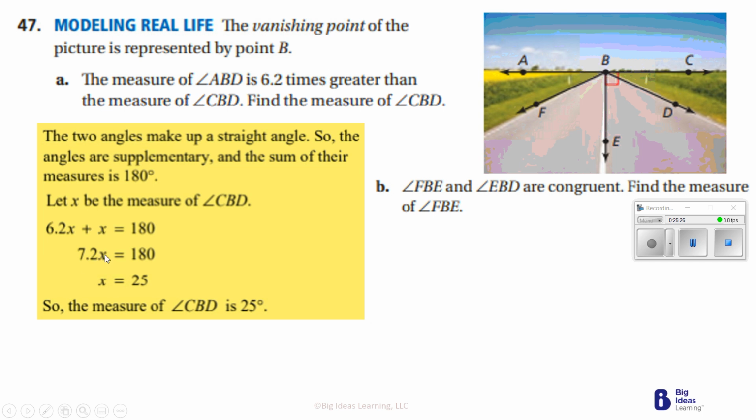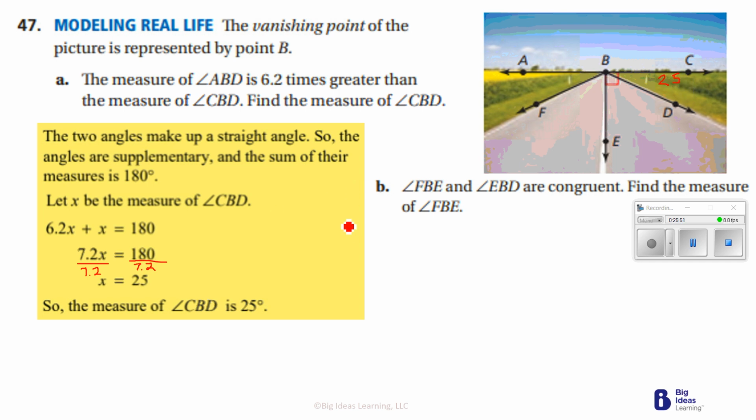Now, if you divide 7.2x by 7.2, I'm going to show that part here since they didn't illustrate that, which means I'll divide this side by 7.2. 180 divided by 7.2 gives you 25. So the angle CBD is going to be 25.